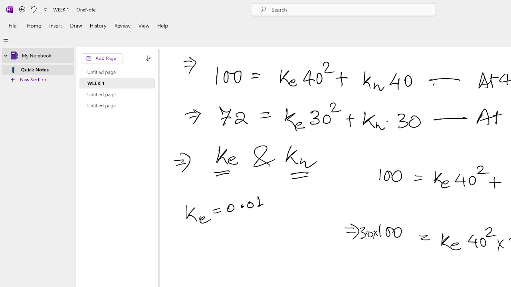Okay, thank you, sir. Kh equals 2.1. What about Ke? Is it matching with this?